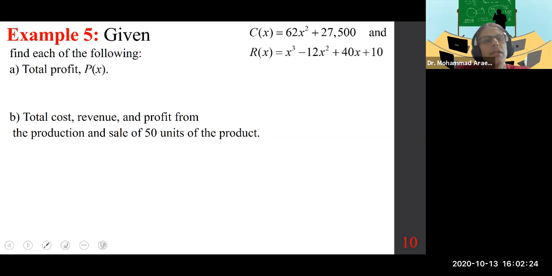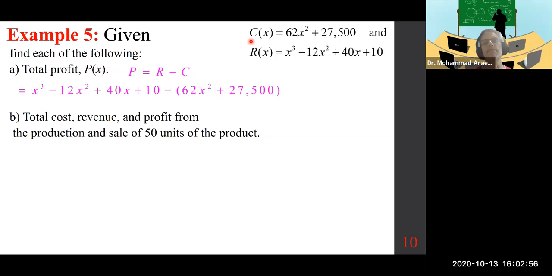We want to find each of the following, where the cost function and revenue function are given. How do we find the profit function? R minus C. I hope this is pretty straightforward to everybody. Revenue minus cost is the profit function. That's a very simple algebraic step.